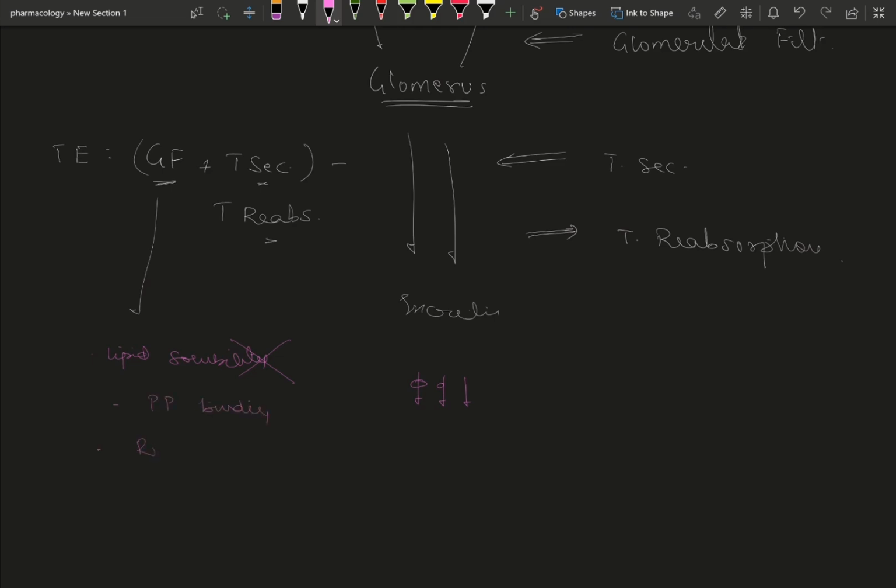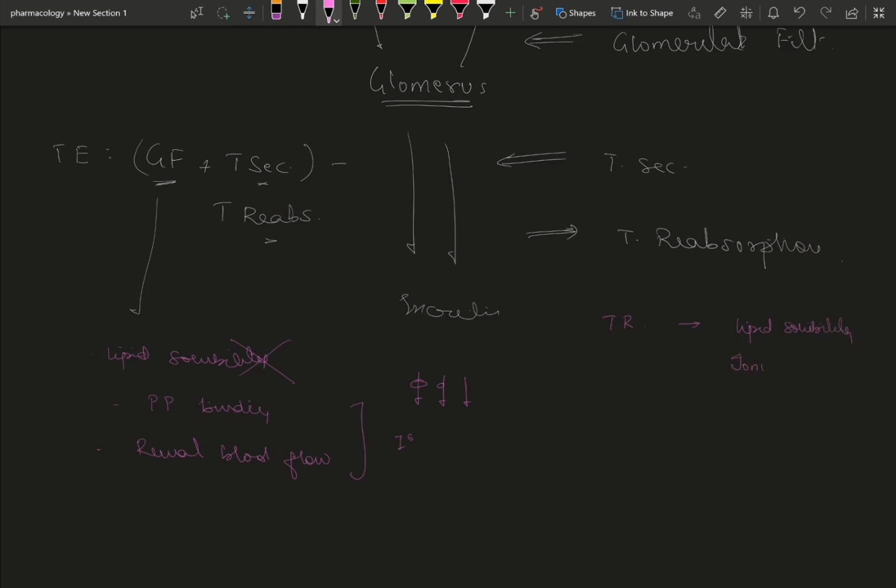Rather, plasma protein binding and renal blood flow are the most important primary determinants of glomerular filtration, as you would have seen in your physiology classes too. So when plasma protein binding increases, the filtration decreases, and when renal blood flow increases, the filtration increases and excretion of a drug also increases at the same time.